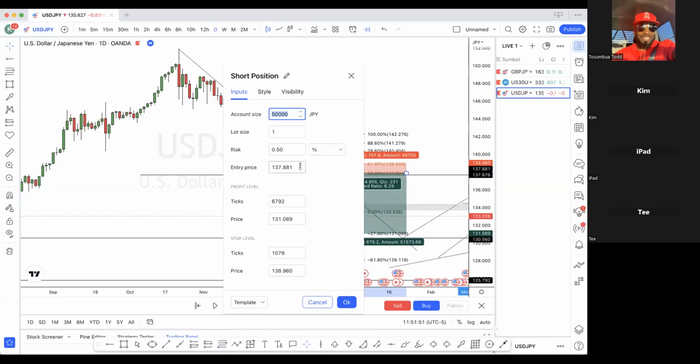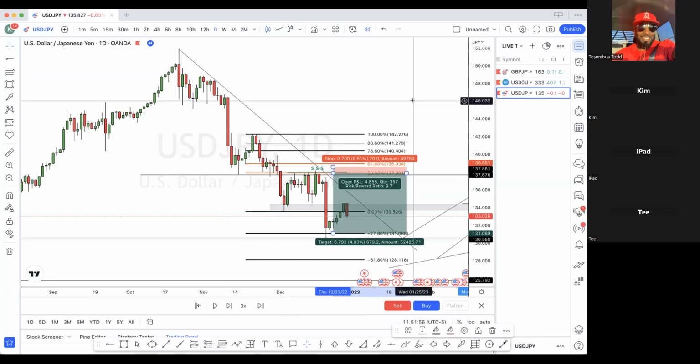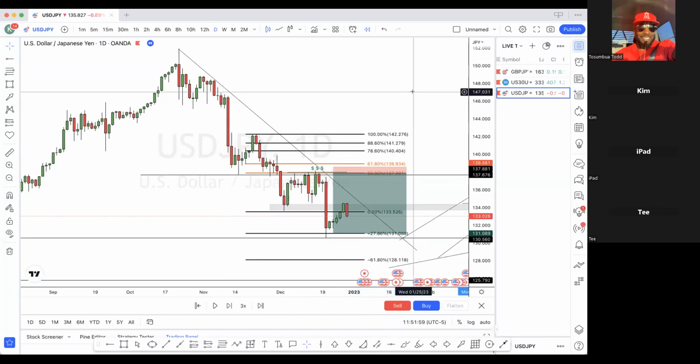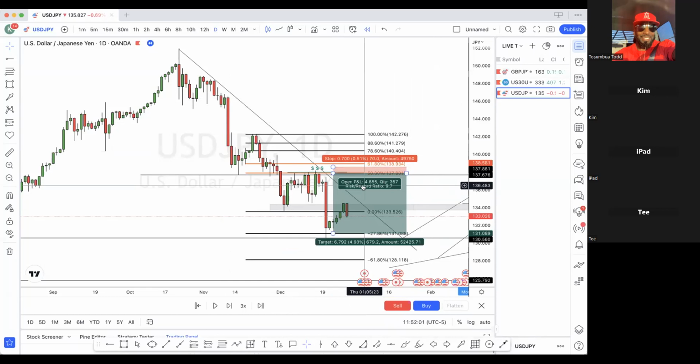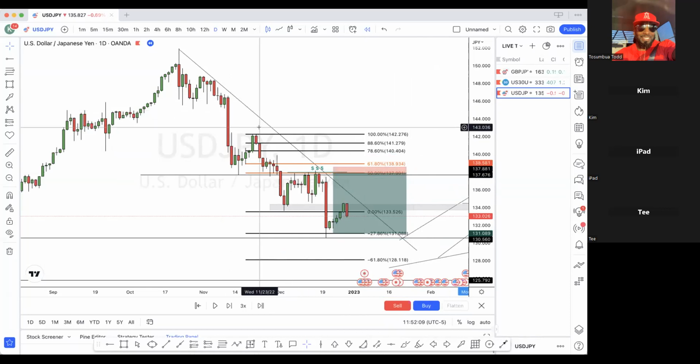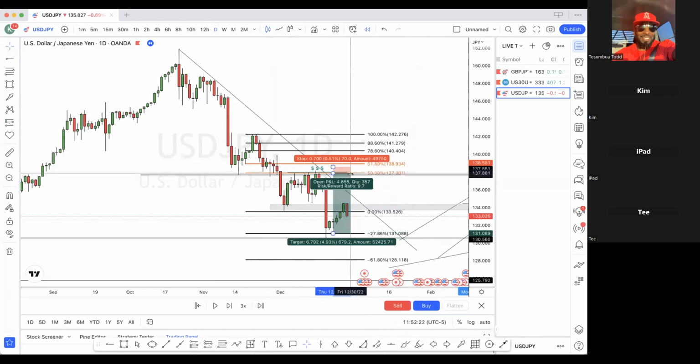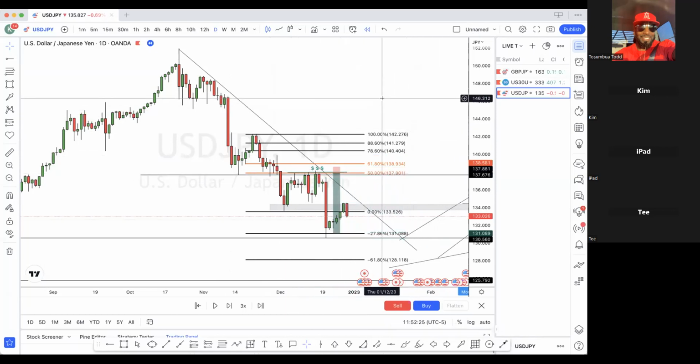So with a 70 pip stop loss, my target to the negative 27, that would have been a 9% trade. And that was all from this down move, to pull back to my 50%, and then trade to the negative 27. That's it. That's all.